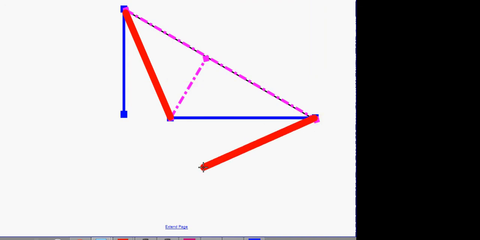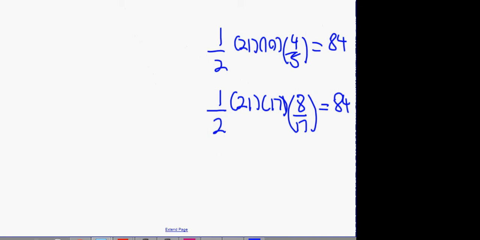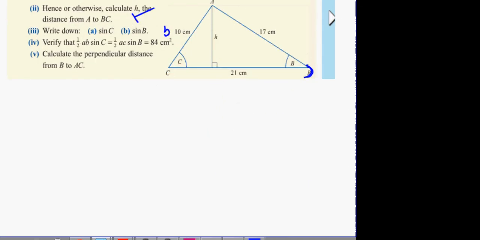Now guys, what it's asked me to do is calculate the perpendicular distance from B to AC. Well, B is here and AC is over here. Let's call this variable X. Whatever it is, let's call it X. It has to go straight down more or less.